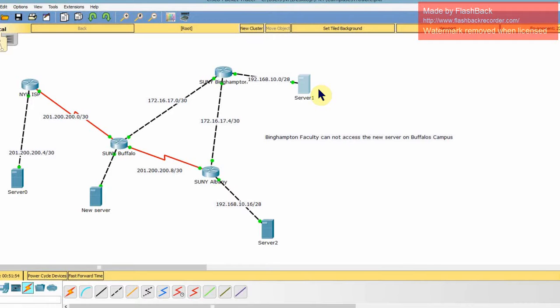And as it turns out, I had forgotten that because there was a default route in place, even though these servers were trying to contact this server, which both this router and this router did not have a route for, they did have a default route. So every time they came across that IP address, they would just send it out along the default route.